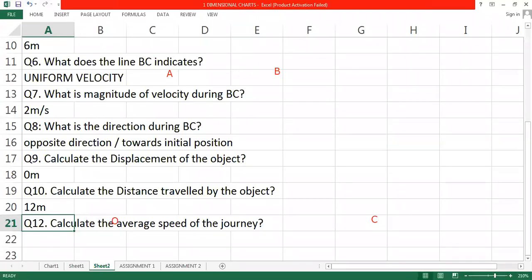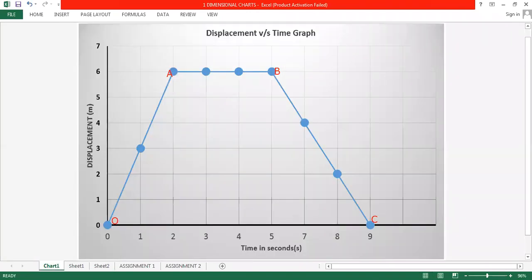Average speed is total distance upon total time. Very good, Om. Your answer is right. What is average speed? Total distance upon total time. Clear?